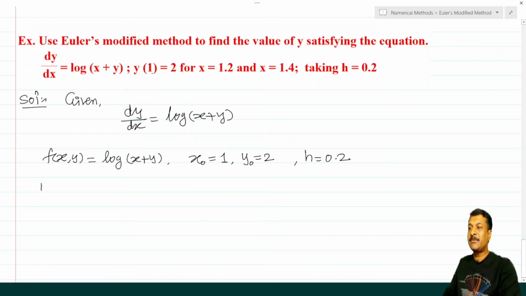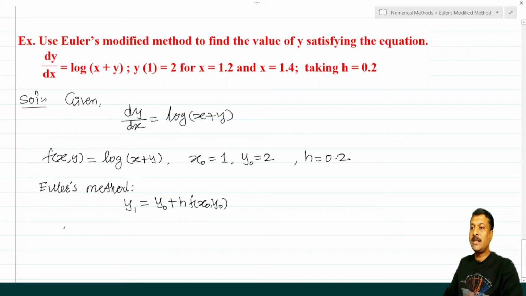So what is Euler's method? By Euler's method, I can find the y1 value, the next value, that is equal to the last value y0 plus h f of x0 y0. So what is f of x y? We have log of x plus y, and that is why f of x0 y0 is log of 1 plus 2, that is the log of 3.